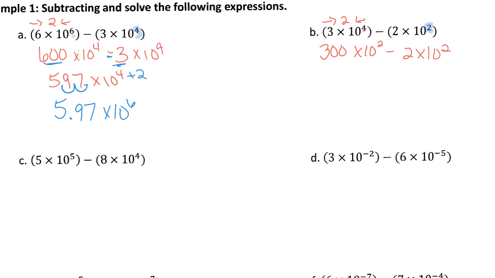We're doing 300 minus 2, and we get 298 times 10 to the 2. We have to move our decimal place twice, and since we're moving it out, this gets moved out as well, so we add 2, and we get 298 times 10 to the 4th.